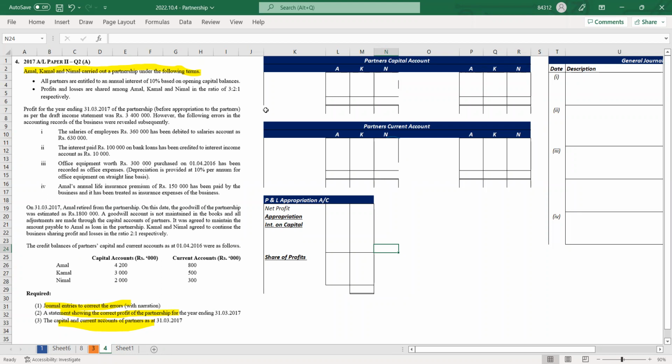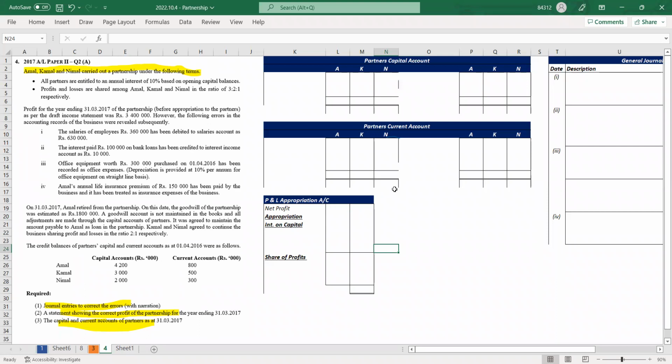Amal, Kamal and Nimal share profits in the ratio of 3:2:1 respectively. Profit for the year ending 31st March 2017 of the partnership, before appropriation, is 3,400,000. However, the following errors in the accounting records of the business were revealed subsequently. So there are errors. So we need to correct these errors.